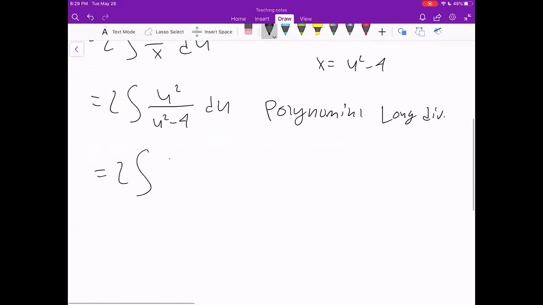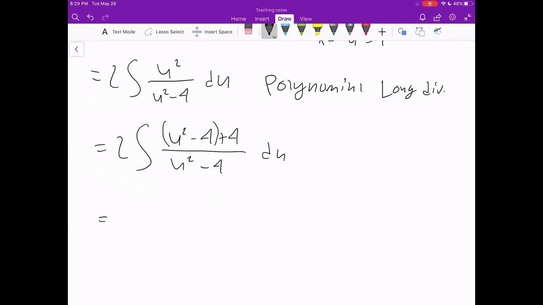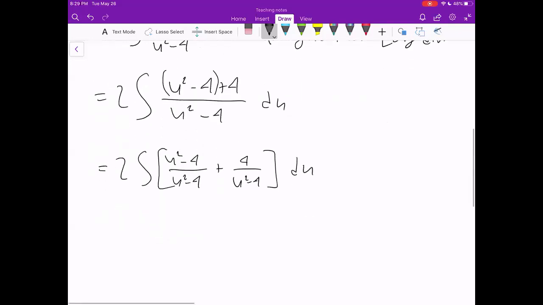What I'm going to do is take the top, u squared, subtract 4 and add 4, so I've done nothing to change the top. The reason I do that is that this u squared minus 4 is the exact same thing as the denominator. So I'm going to split this fraction into u squared minus 4 over u squared minus 4, plus 4 over u squared minus 4, all du.